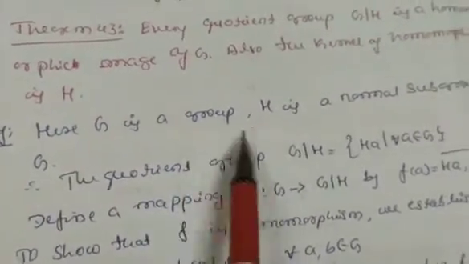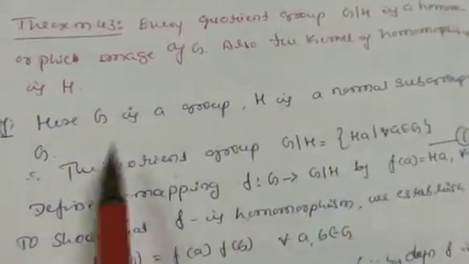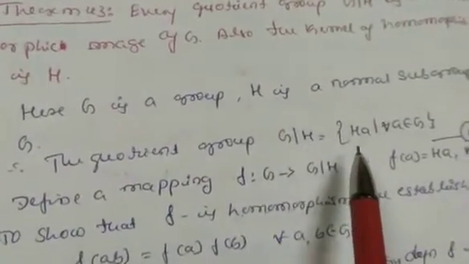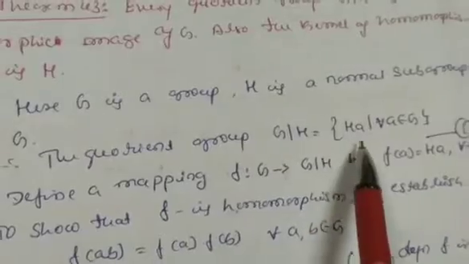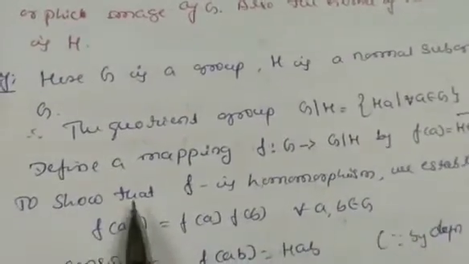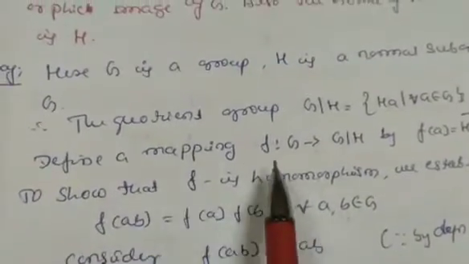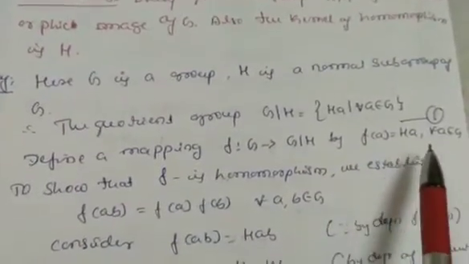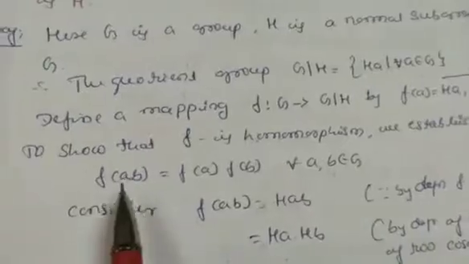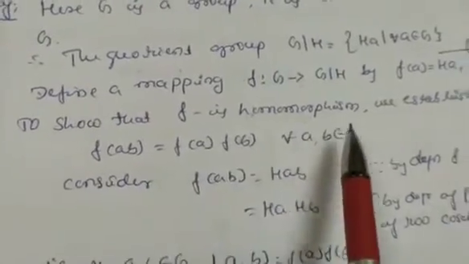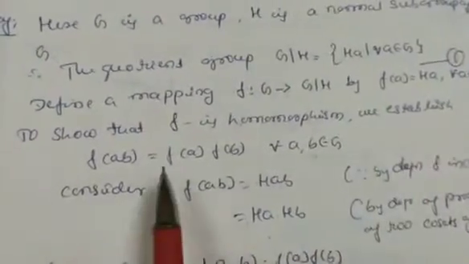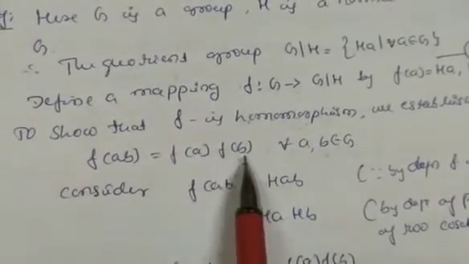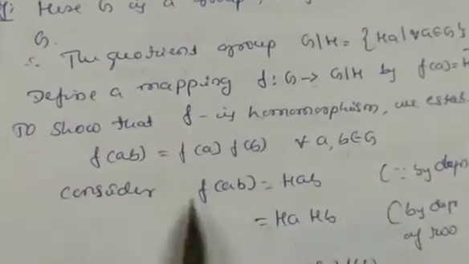Here G is a group and H is a normal subgroup of G. Therefore, the quotient group G/H has elements in the form Ha for all a belongs to G. Now let us define a mapping f from G to G/H by f(a) is equal to Ha for all a belongs to G. To show that f is a homomorphism, we establish that f(ab) is equal to f(a) into f(b) for all a, b belongs to G.